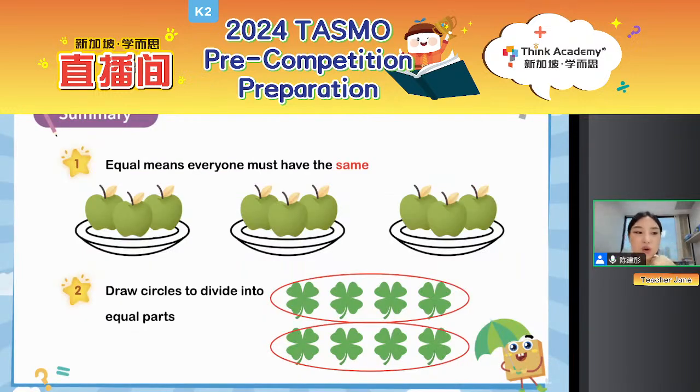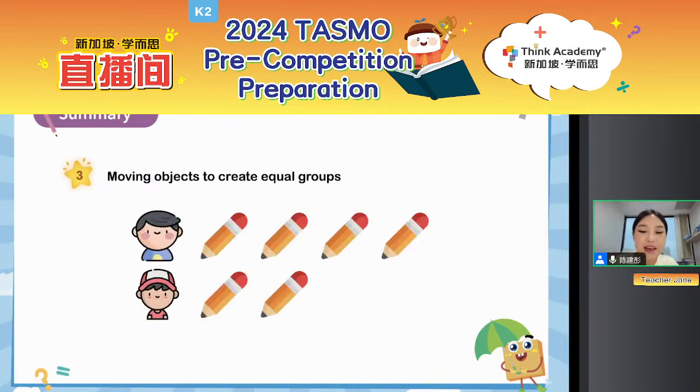That is, equal means that everyone must have the same amount. And when we are sharing them, we can draw some circles to divide them into equal parts, equal groups. And then we also learned what if the amounts are not the same. If the question asks us, probably you can add some more or take away some.